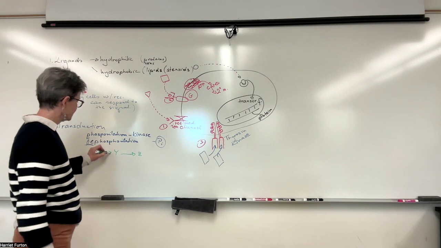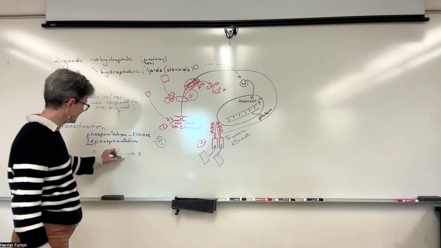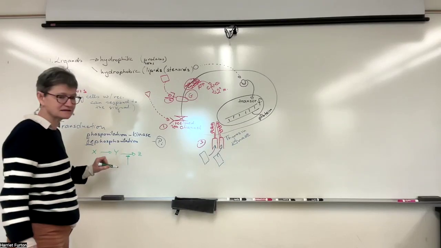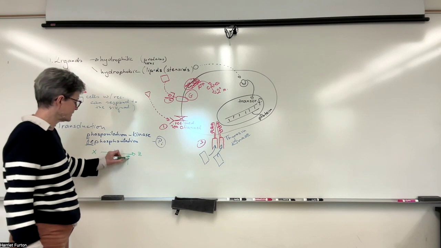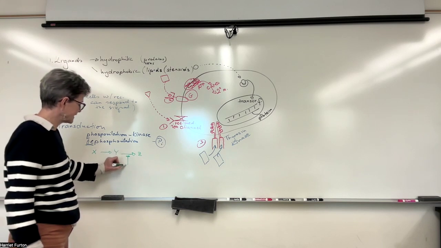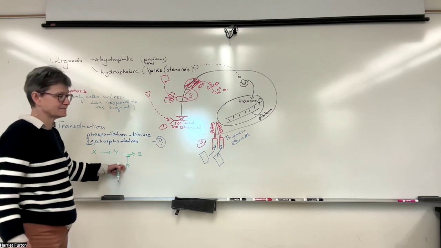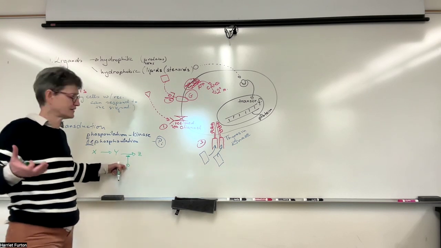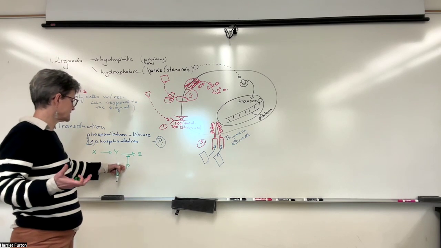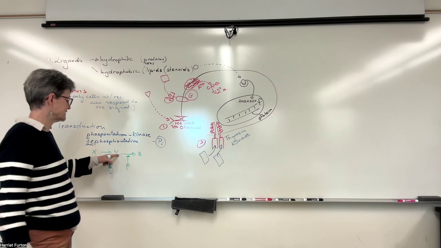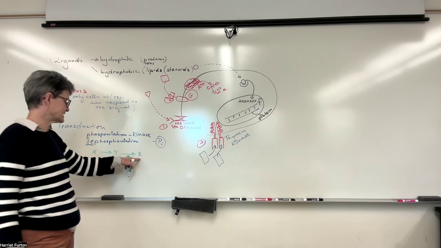Now, arrow means activating, but if I draw here a line with a flat top on it, perpendicular to it, like I will put here a letter P, for saying this is another substance, it will inhibit the Y to turn in Z.